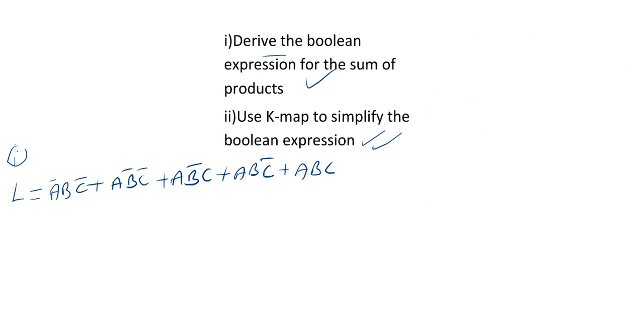Now we simplify this using K-map, Roman 2. So K-map is just the same logic as a truth table that we translate to a table. The same way we determine the rows of a truth table by using the formula 2 power n, where n is the number of inputs, for the K-map, we use the same formula to determine the number of squares.